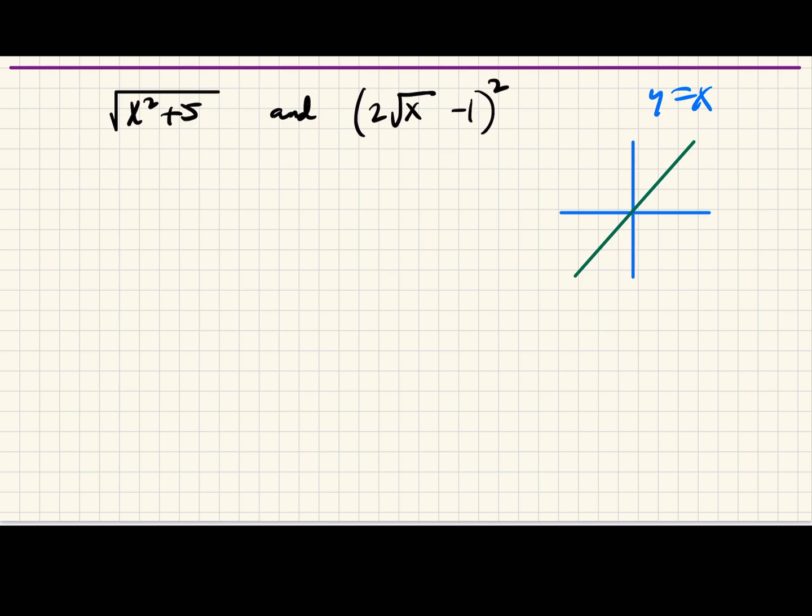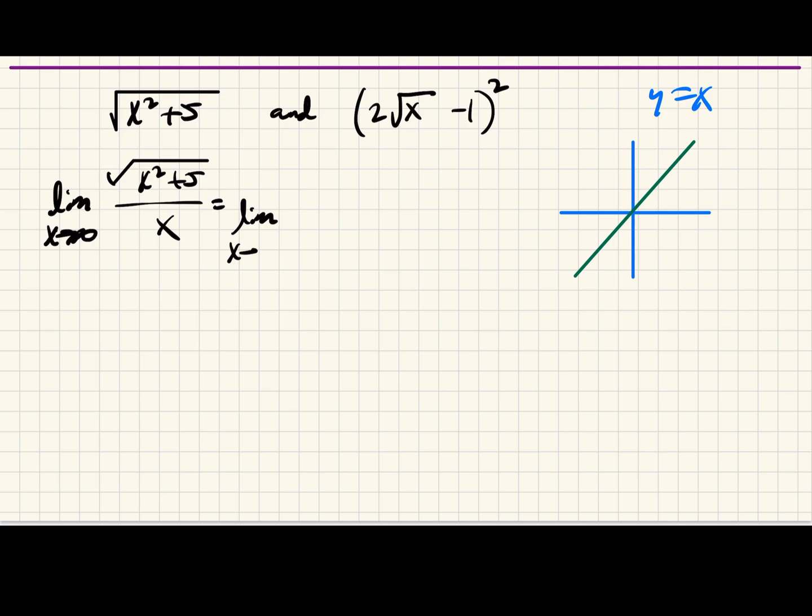Okay, so let's do the limit as x goes to infinity of the square root of x squared plus 5 over x. Let's start that way. Now, I'm thinking about this.